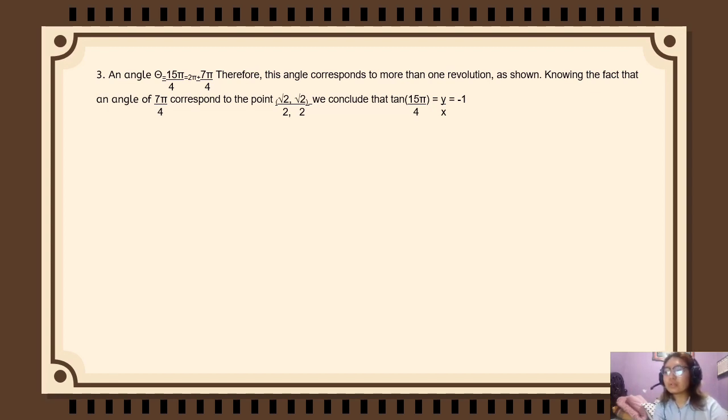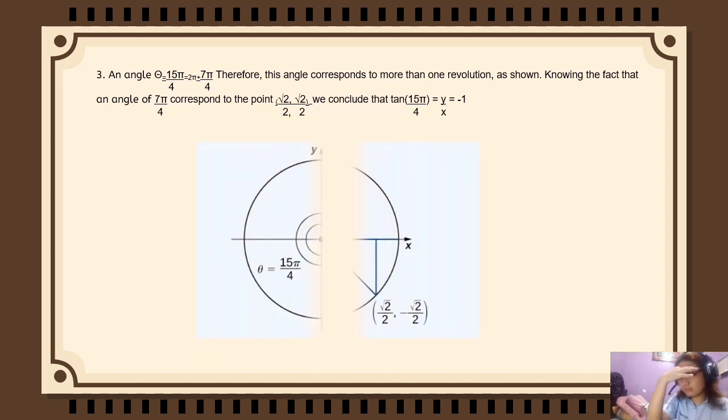We conclude that tan 15 pi all over 4 is equal to y all over x, which is equal to negative 1. This is its graph.